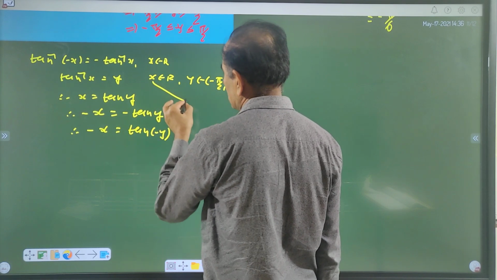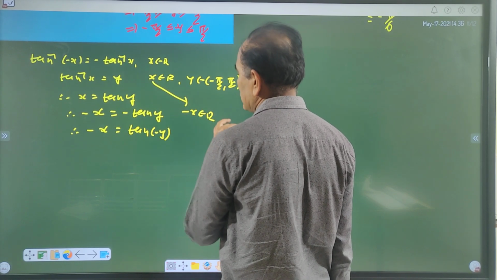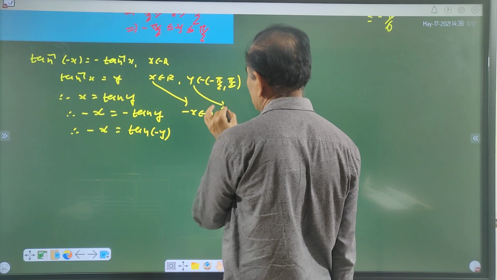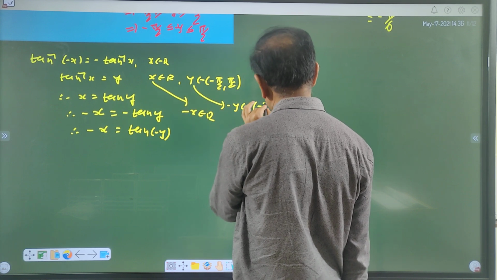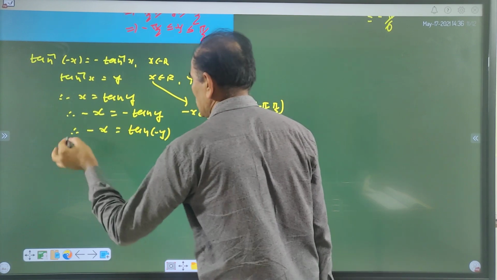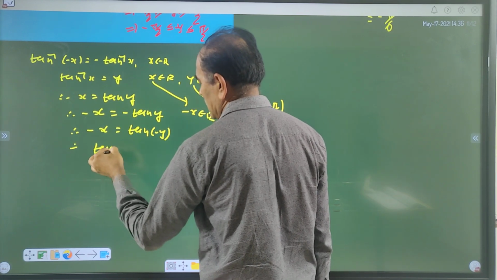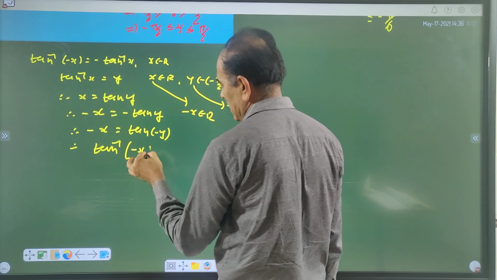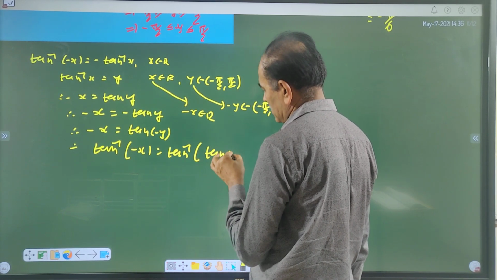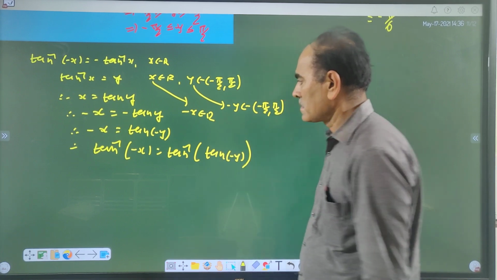Now x belongs to R, so minus x is in R. y belongs to the open interval minus pi by 2 to pi by 2, so minus y also lies in the same interval here. So take tan inverse on one side. Tan inverse of minus x is equal to tan inverse of tan minus y.